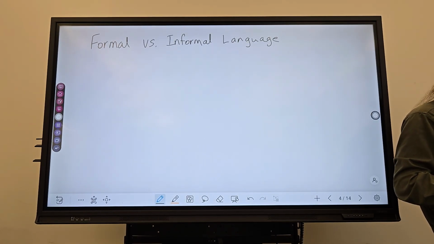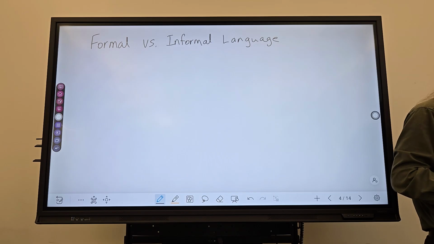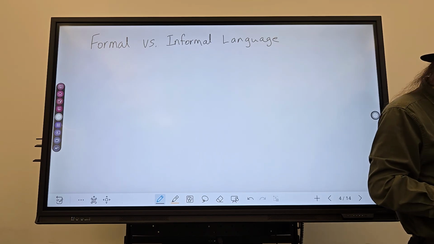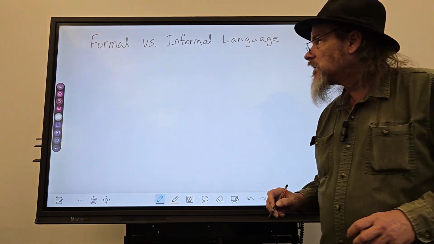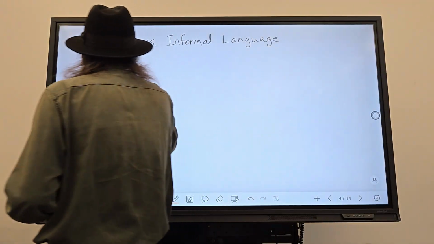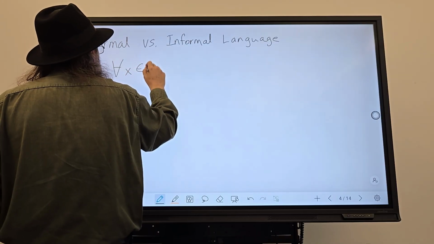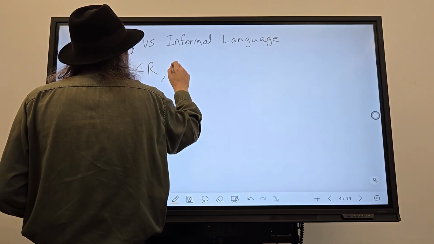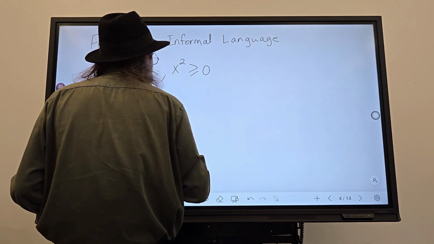It is important to be able to go between formal and informal language when dealing with mathematical problems. Take, for example, formally, for all x element of R, x squared greater than or equal to 0.